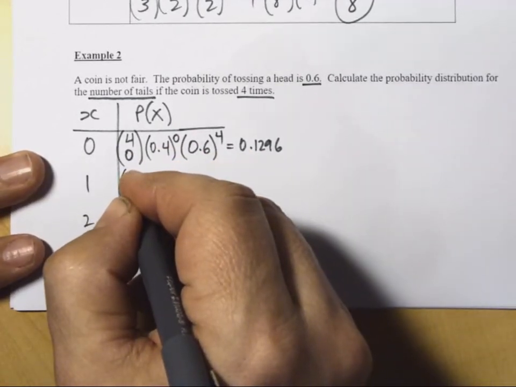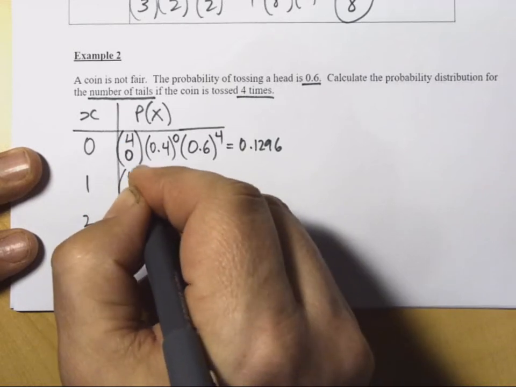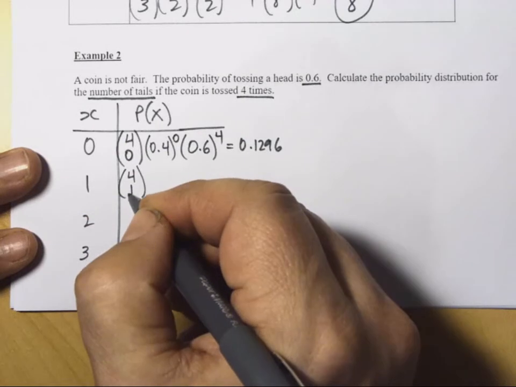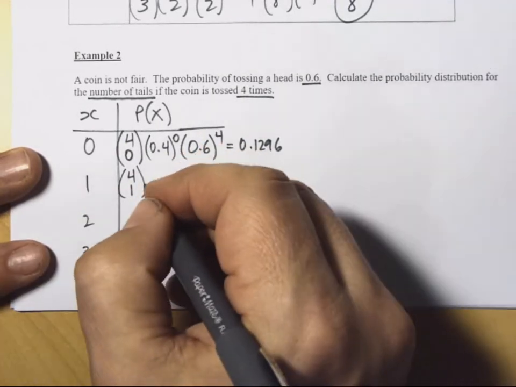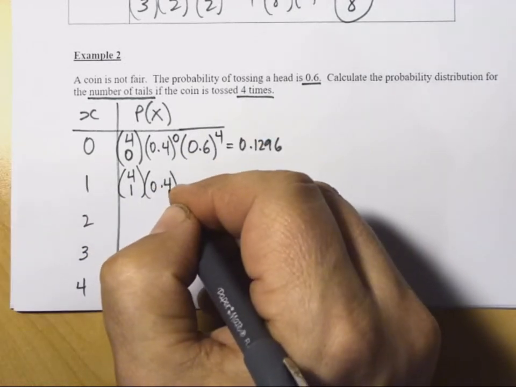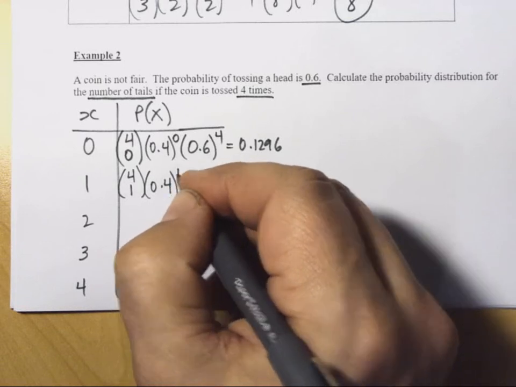The combination for Pascal's triangle in the 4th row is 4 choose 1, which also means in 4 trials, 1 thing came up, 1 successful thing, or 1 tail came up. Times 0.4 represents the chance of success, that's P, and that happened once.